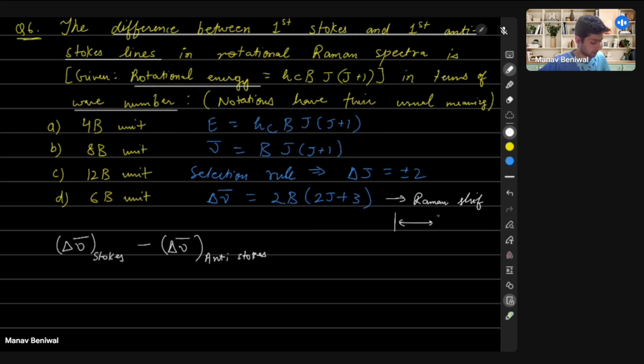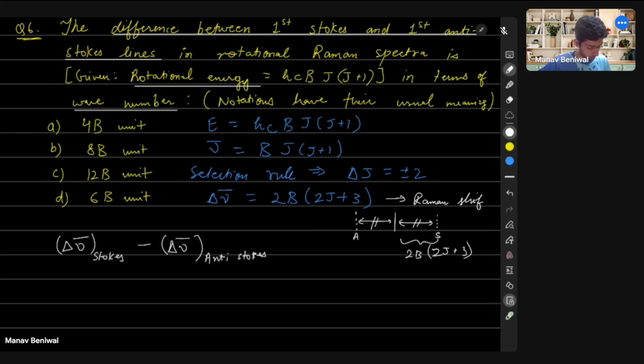So let's say this is the Stokes one and this is the anti-Stokes one. These distances are the same, and this distance we have already calculated to be 2B times 2J plus 3.